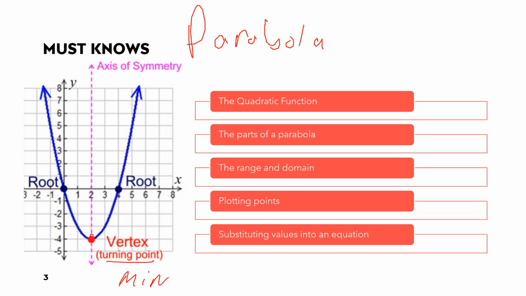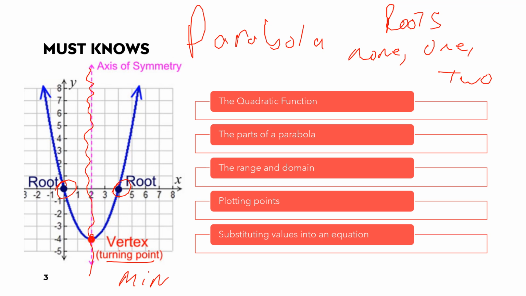The x value of the vertex tells us the axis of symmetry. That's where it cuts the parabola in half and makes it a mirrored image of the other half. For roots, in this case, you have two roots where it crosses the x-axis. Just remember, with a parabola you have three options: no roots, one root, or two roots.